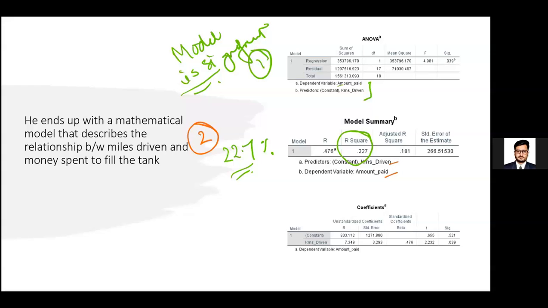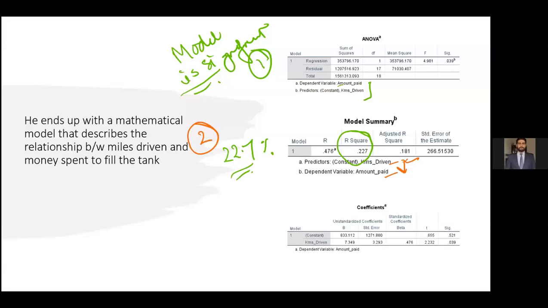That means it is not explaining the relation between the independent value and the variation in the dependent value. Yes, it's explaining only 22.7% of the variance in the dependent variable. So this predictor, kilometers driven, is explaining only 22.7% of the variance in my dependent variable.